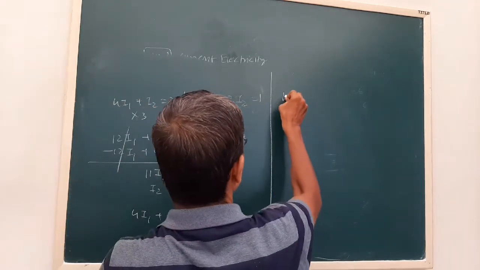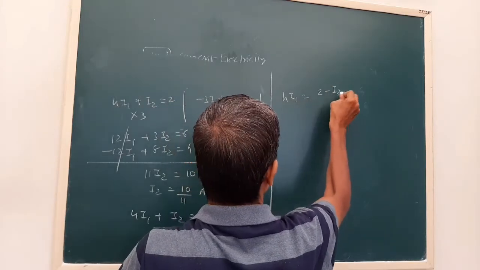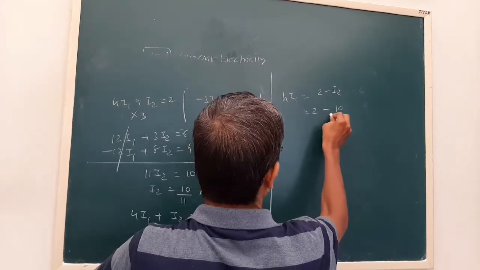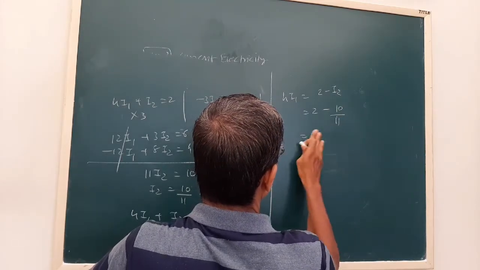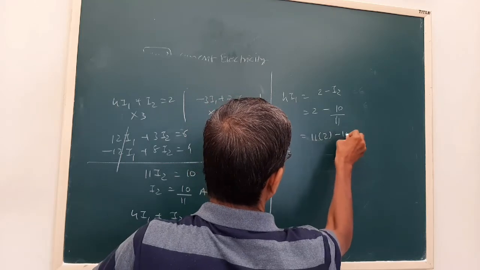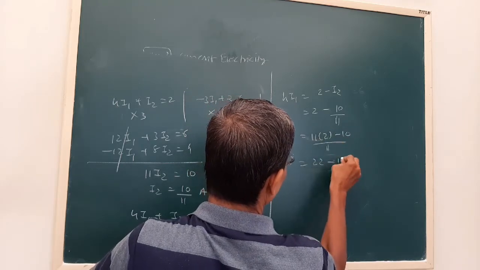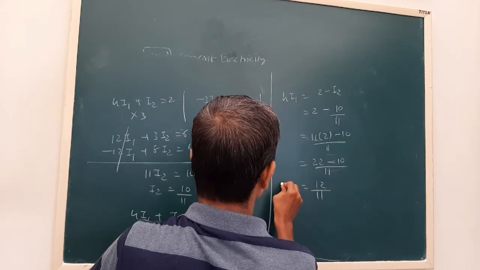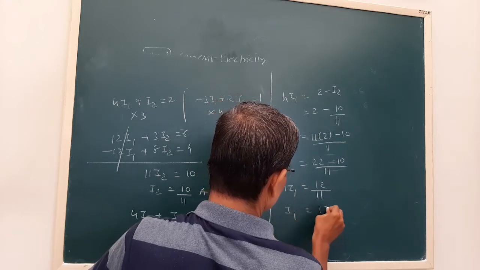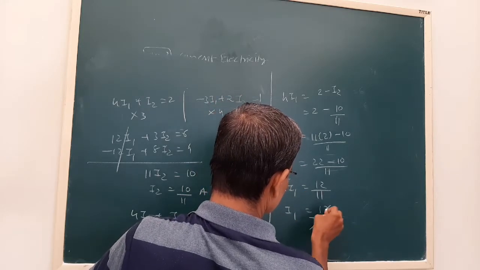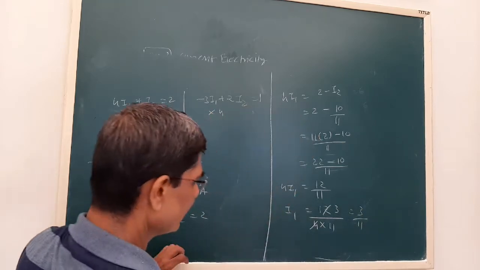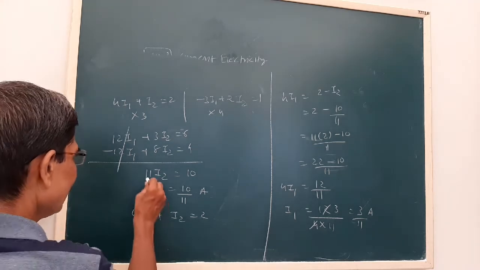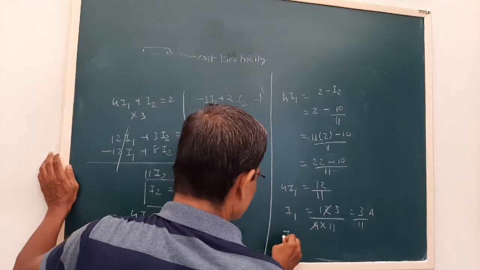The I2 value we have obtained is 10 by 11. So I2 is 10 by 11, and I1 is 3 by 11.